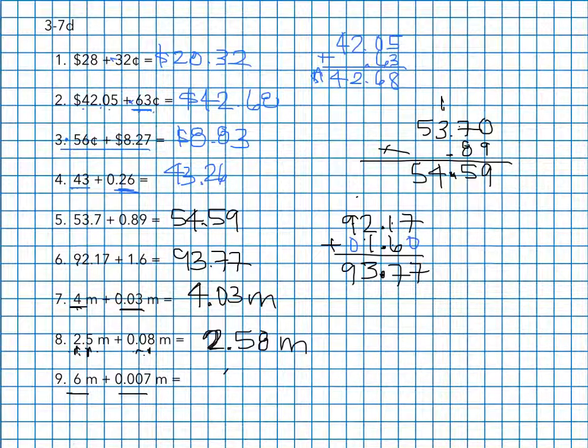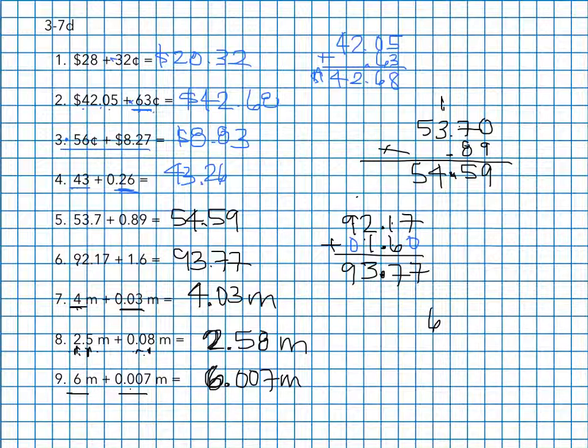So let's just write that, 6, and now I'm going to add my decimal, 0.007 meters. Now, for those of you who don't believe what crazy math I just did, because, quite honestly, it's not all that crazy. Okay, if you want, I will write the problem down over here. It's 6.